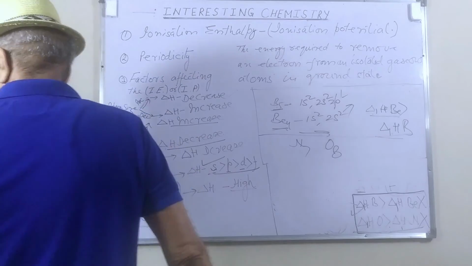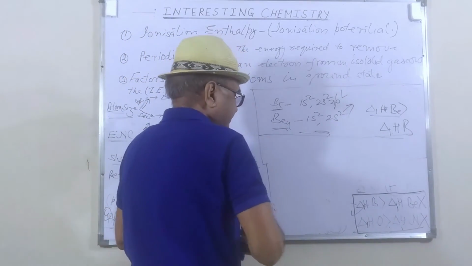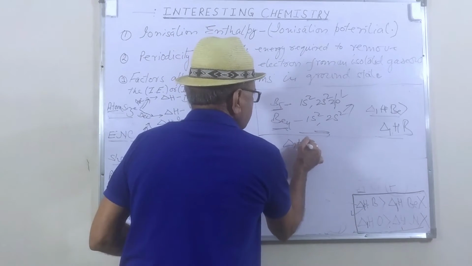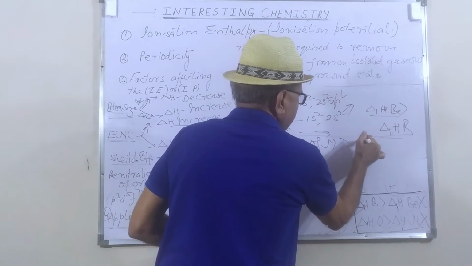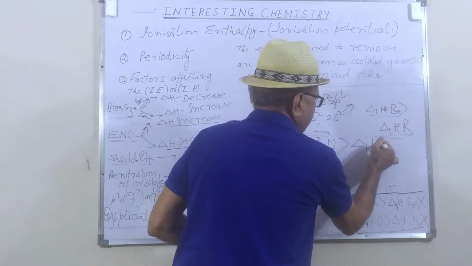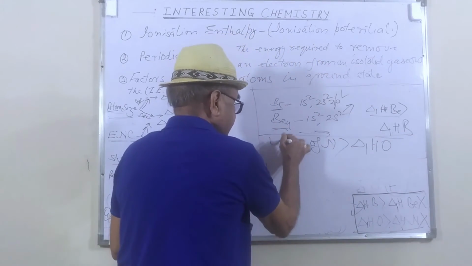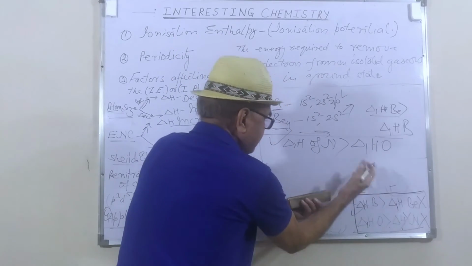But in practice, it is found that the delta 1H of nitrogen is greater than delta 1H of oxygen. It is right and it is wrong, so I have reversed this value.